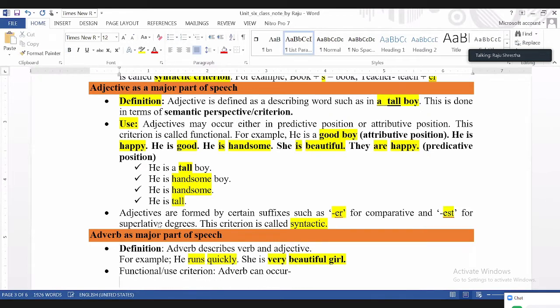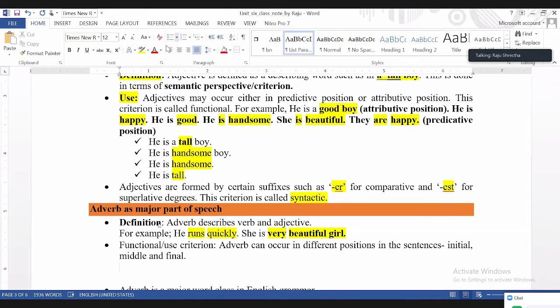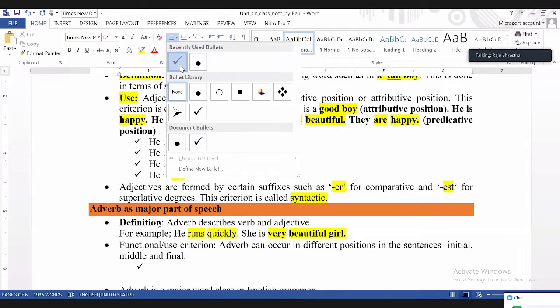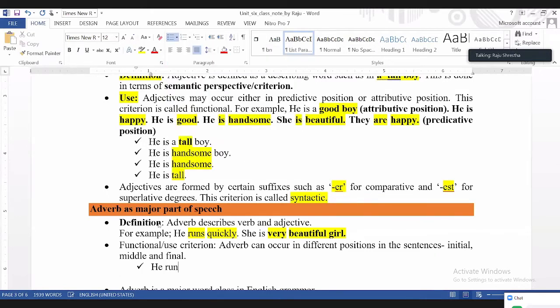For example, adverbs can occur in different positions in the sentences: initial, middle and final. For example, he runs quickly.